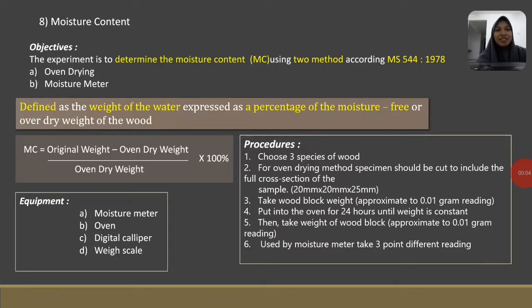Last, moisture content. Objective of this experiment is to determine the moisture content using two methods. First, oven drying and moisture meter.